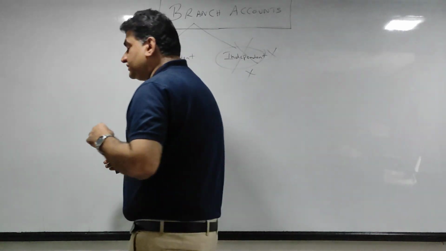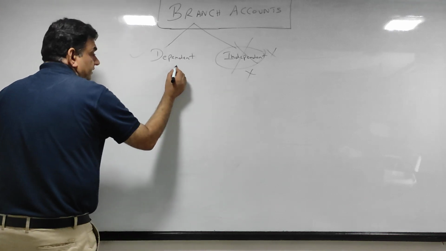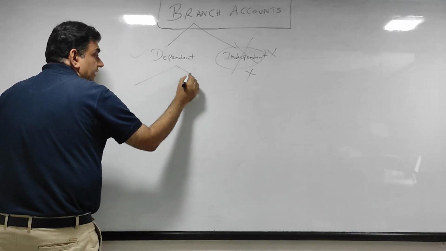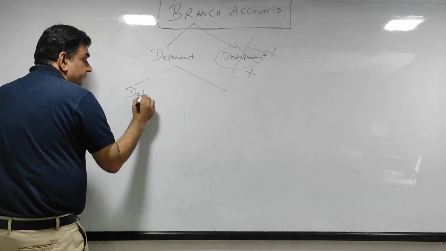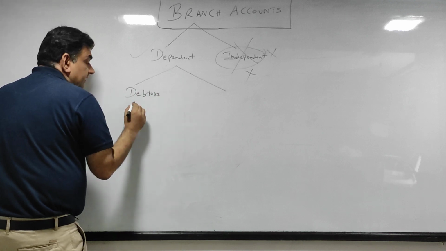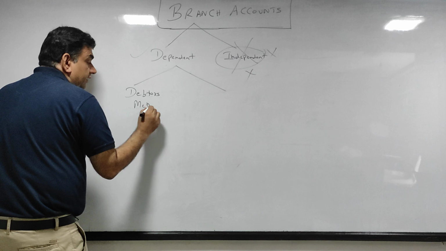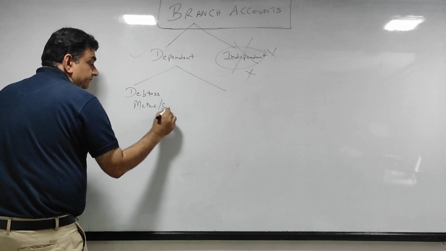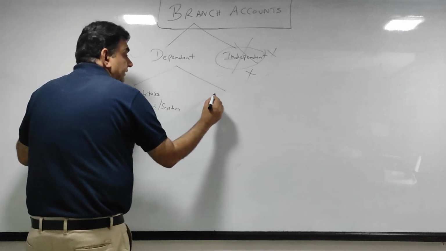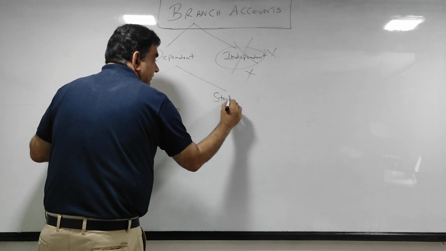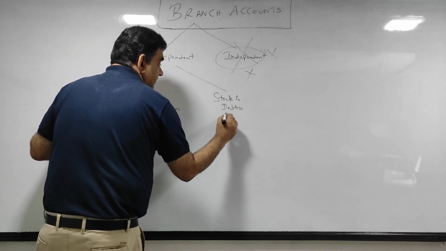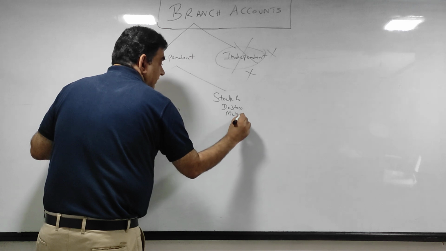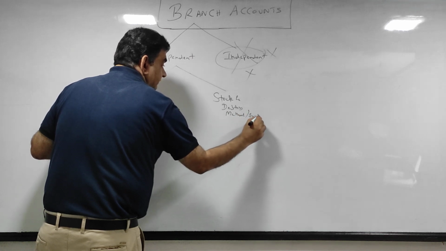So when there is a dependent branch, as far as accounting is concerned, there are two methods. One is Debtors method or Debtors system, and the other is Stock and Debtors method or system.